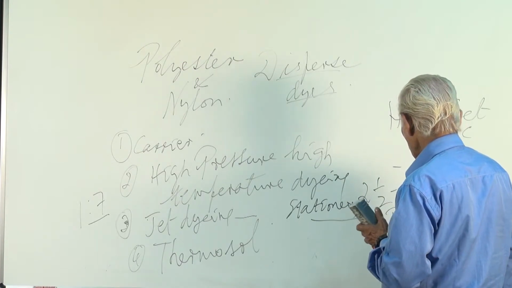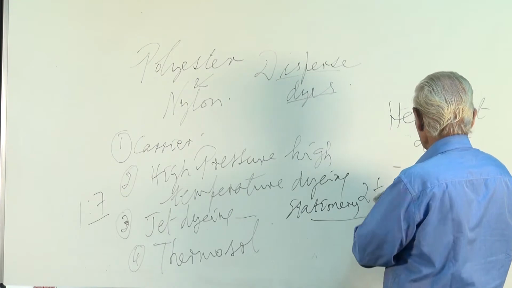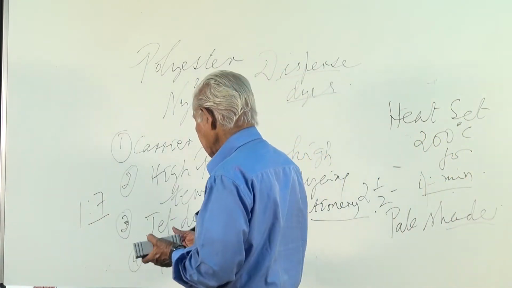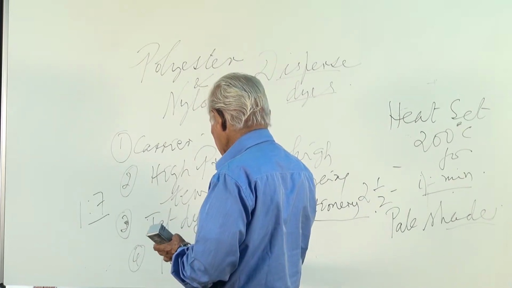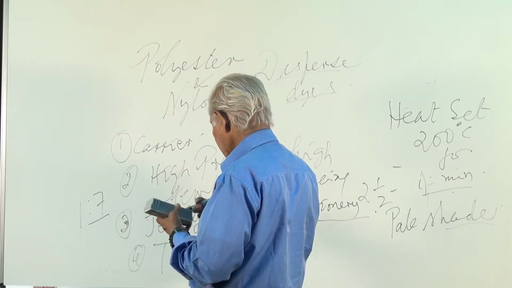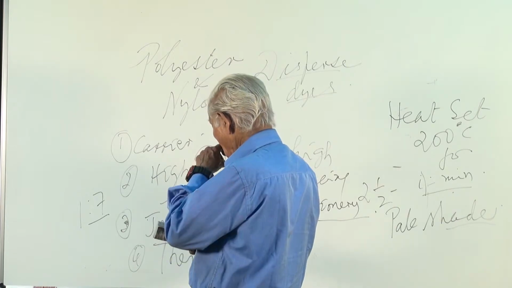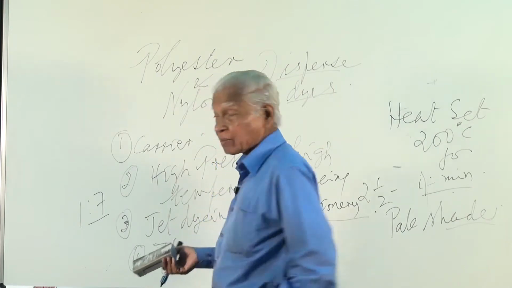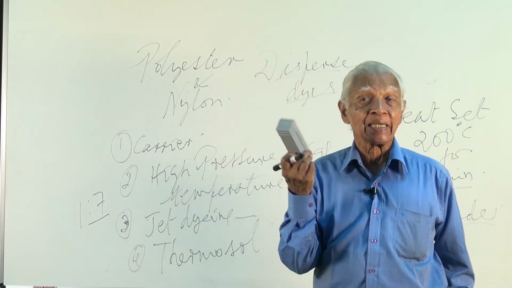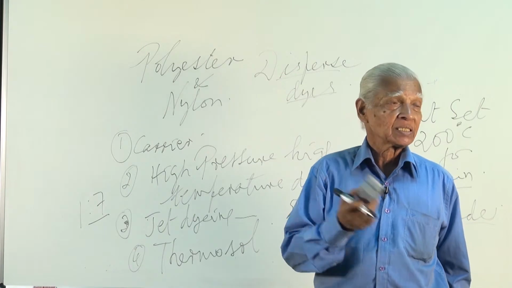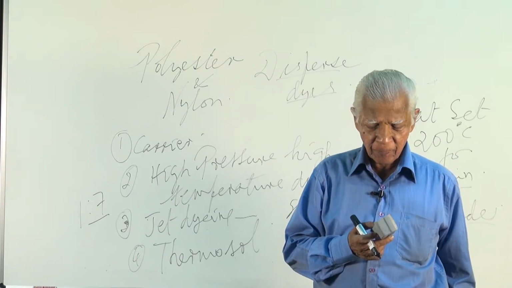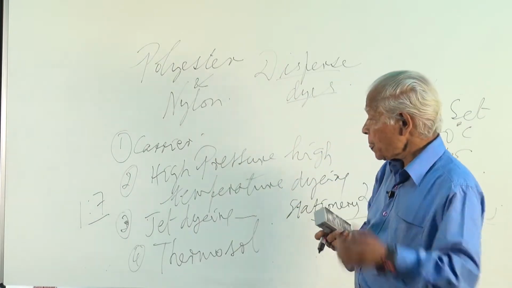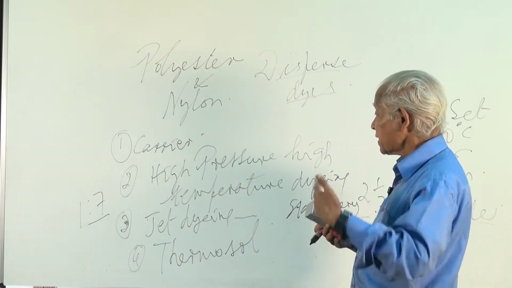And it is for 1 minute, the 200 degrees centigrade for 1 minute it is being heat set. So this process is also called thermoset, and meters of fabrics are being dyed using this thermosol elsewhere in USA, and they produce these lighter shades for the fabric, and the fabric is found to be quite acceptable, and it is on par with the other dyed material.